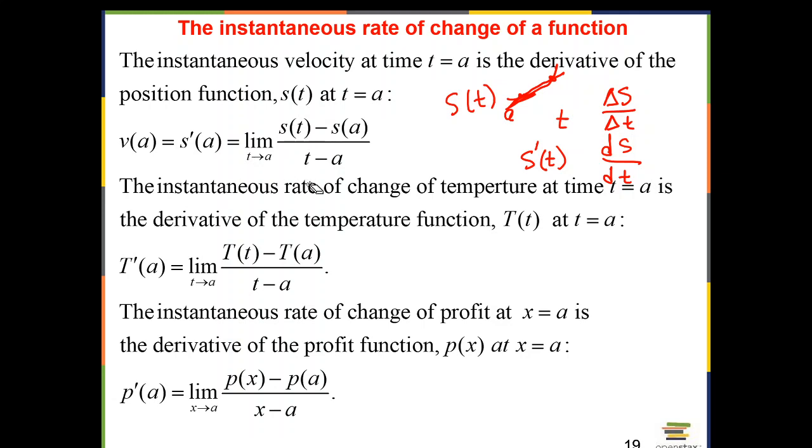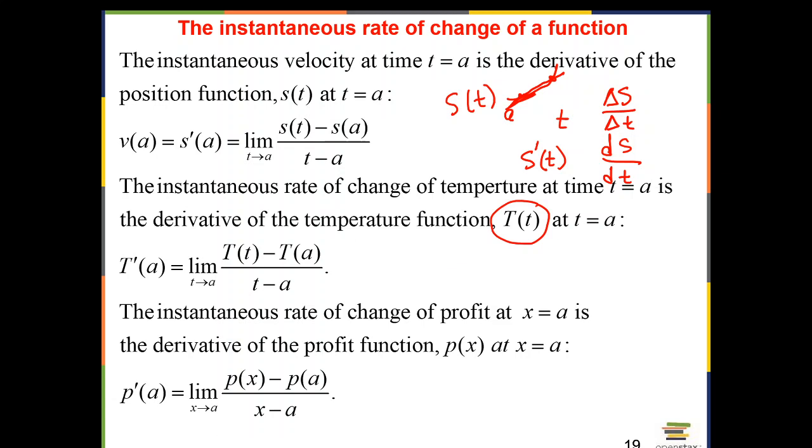Now, instantaneous rate of change of temperature at time a is the derivative of the temperature function. So if you're given a function that gives the temperature at any given time of the day, for example, then the derivative of that gives us the instantaneous rate of change. For example, at 12 p.m., how fast the temperature is increasing.